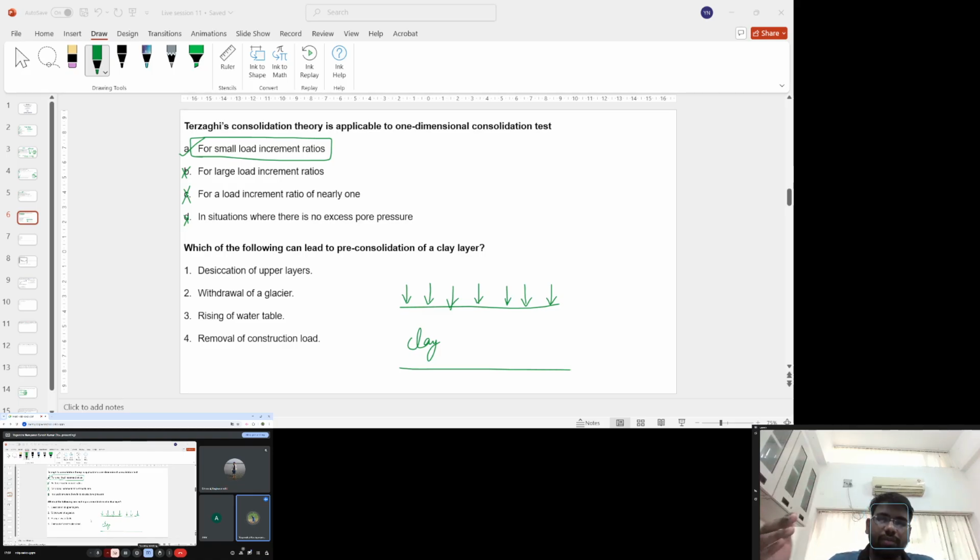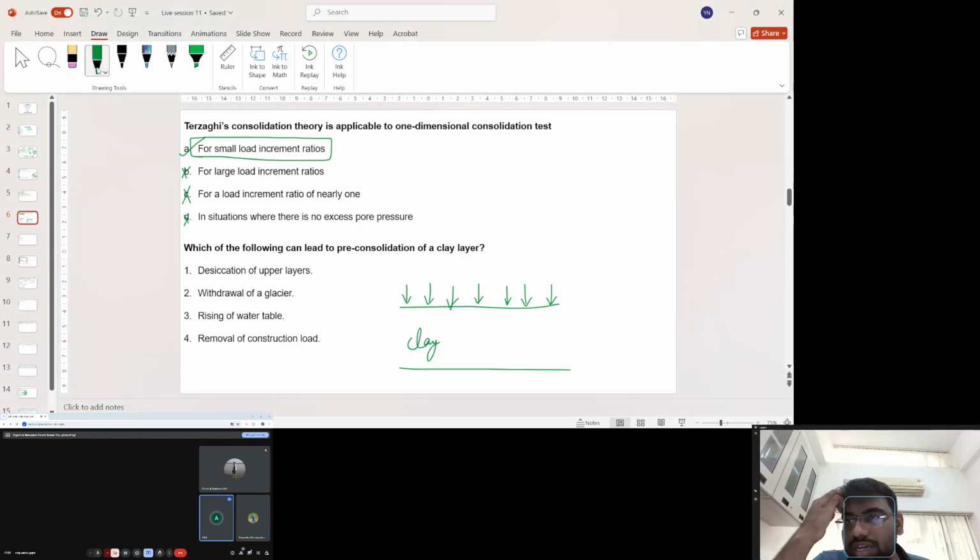Once the glacier melts, the load increment due to the formation of the glacier is eventually contributing to the pre-consolidation of the clay for further application of loads, right? Okay, sir. Let me explain it clearly.